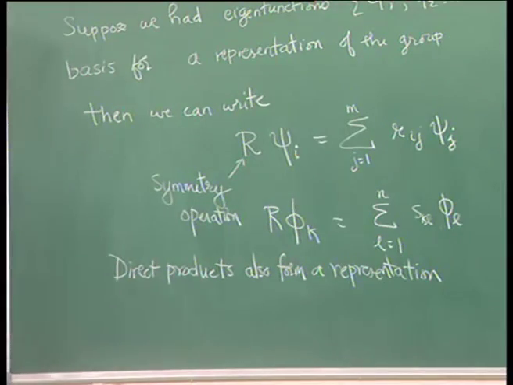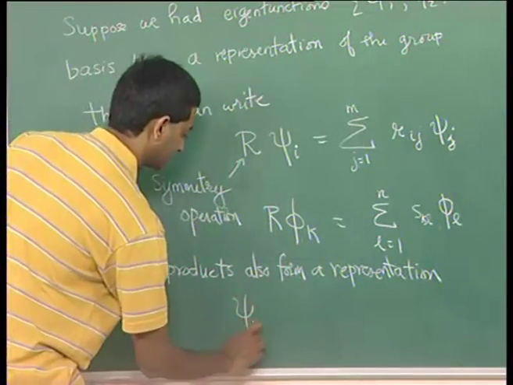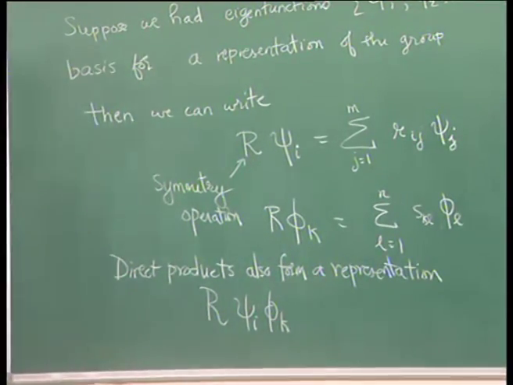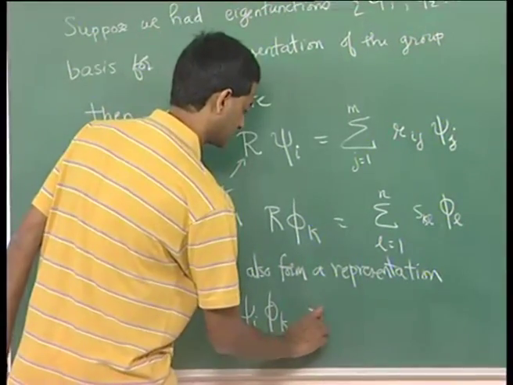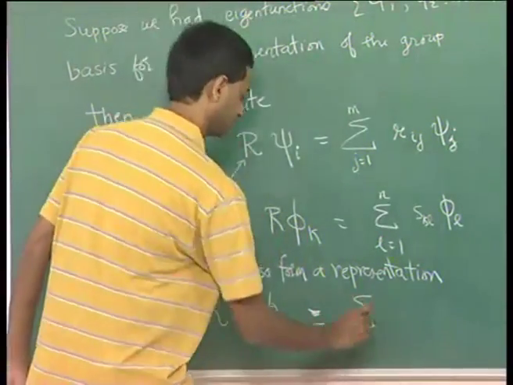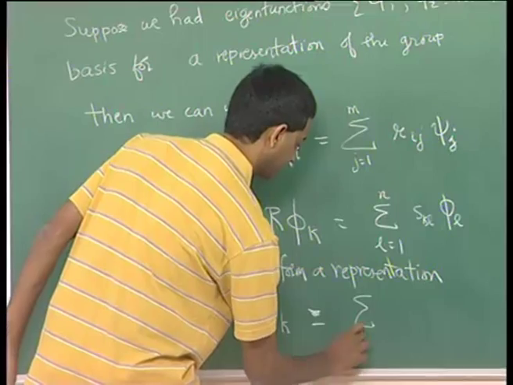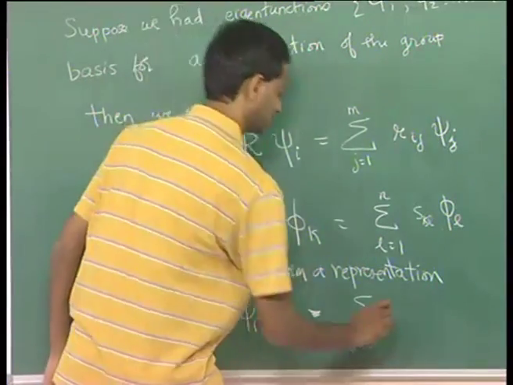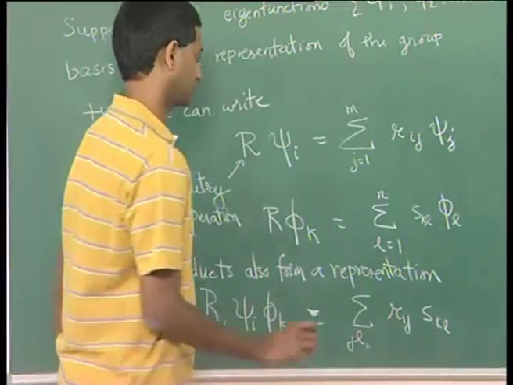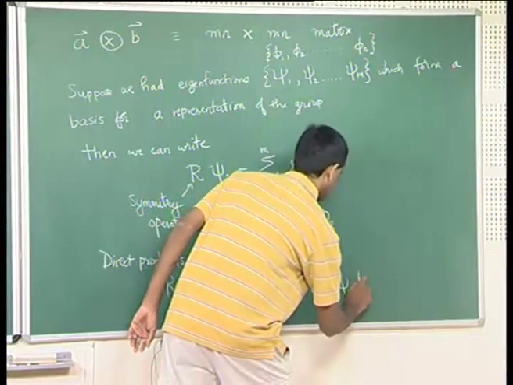So what this means is, suppose I take a direct product like psi i phi k, and I operate on it by R. Then it is not hard to show that what you will get is the sum over j, l of R ij S kl psi j phi l.